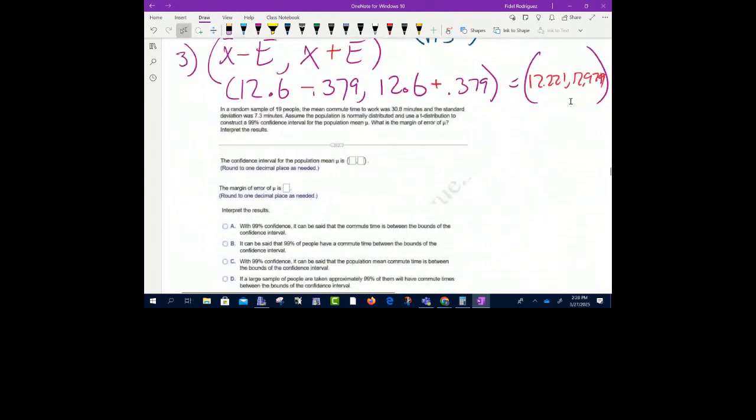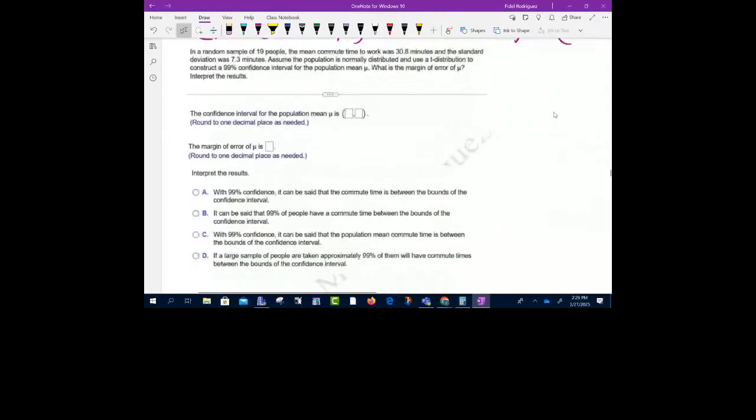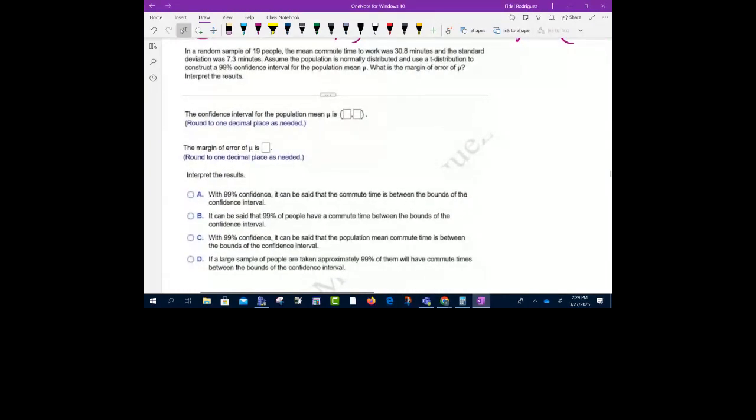So let's try this one, guys. We're going to use the calculator for this. First thing, it says in a random sample of 19 people. I'm going to start writing a couple of things down. That tells me my N is 19.